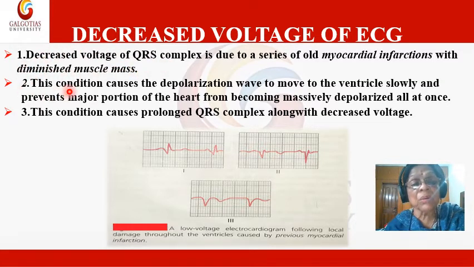This condition causes the depolarization wave to move through the ventricle slowly and prevents a major portion of the heart from becoming massively depolarized all at once. This causes a prolonged QRS complex along with decreased voltage, and this is the case.